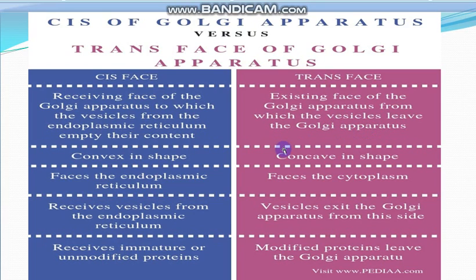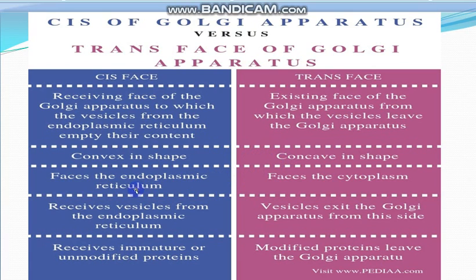So this is the first difference, that in the cis phase the vesicles enter, and from the trans phase the vesicles leave the Golgi complex. And the cis phase is convex in shape, and the trans phase of the Golgi apparatus is concave in shape.